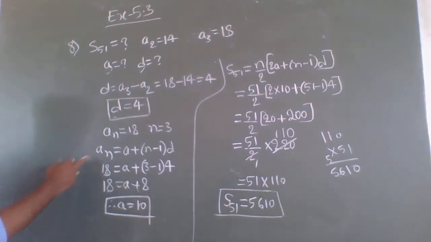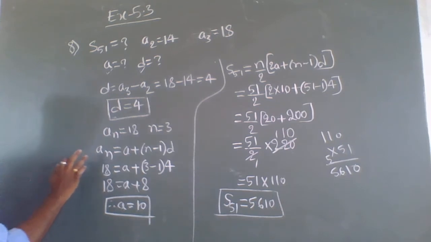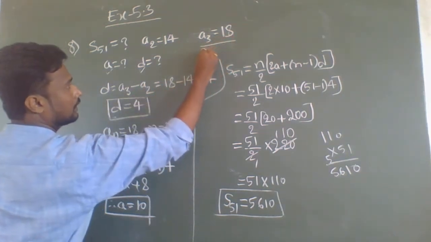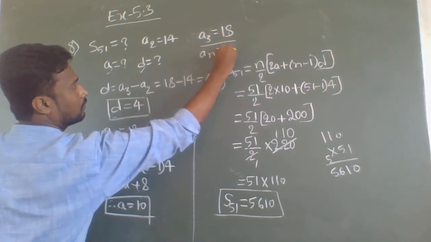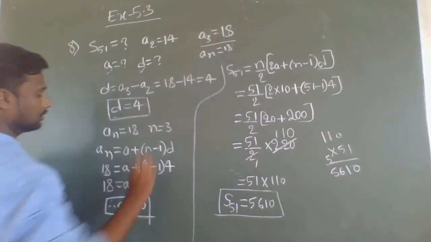How? By using the formula An is equal to a plus n minus 1 into d. Here to calculate the a value, I considered the A3 value as An. I considered A3, which is 18, as An, so An becomes 18 and n becomes 3.